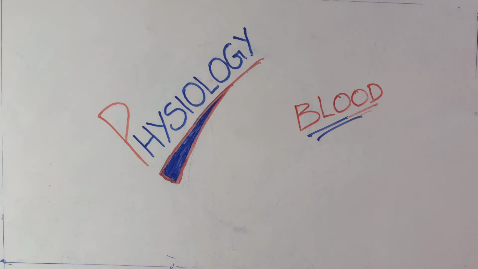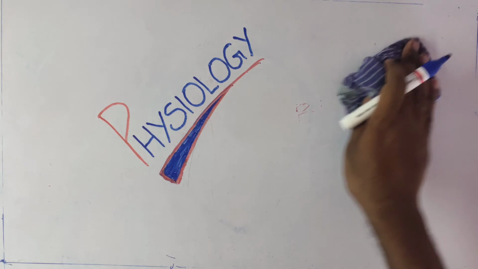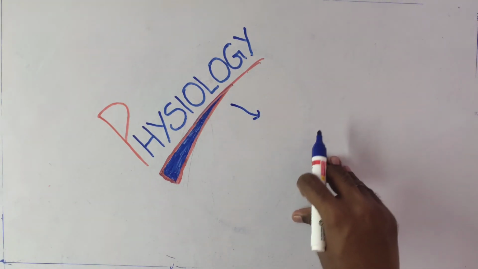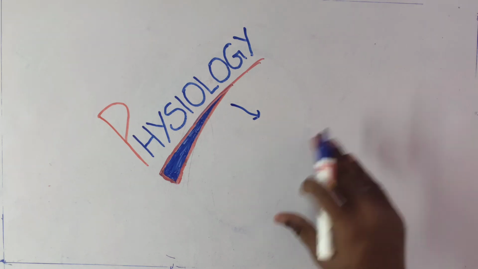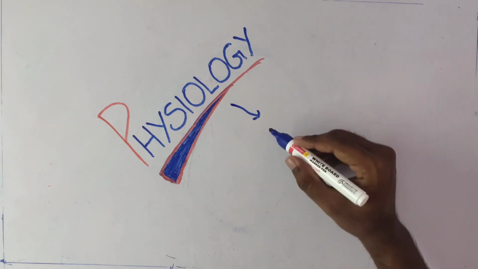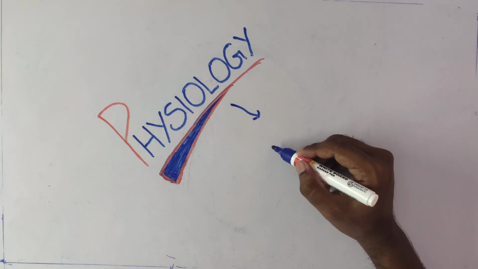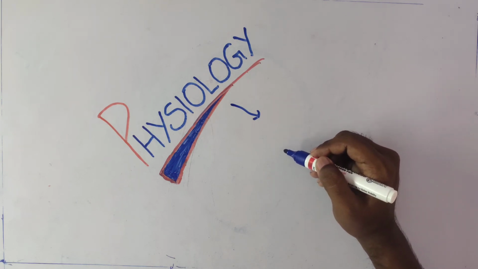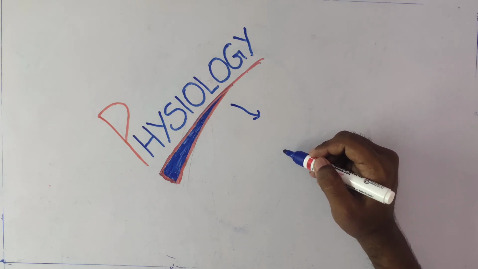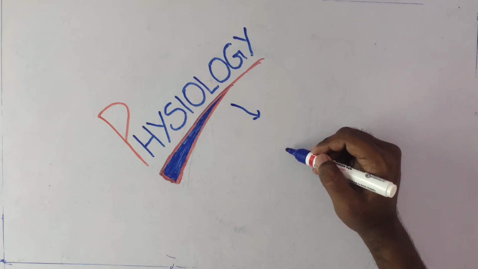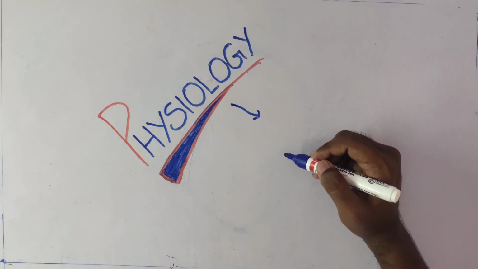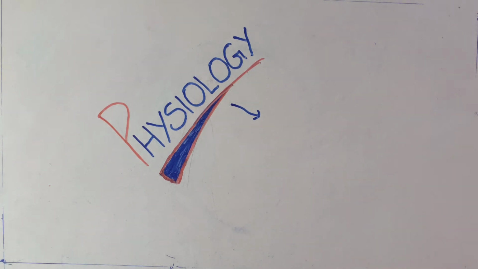They will give more marks for flowcharts, as physiology means the functions of our body. We have to write the functions in flowchart form so that we can make more impression on the examiner. We will try to apply flowcharts for all the concepts.